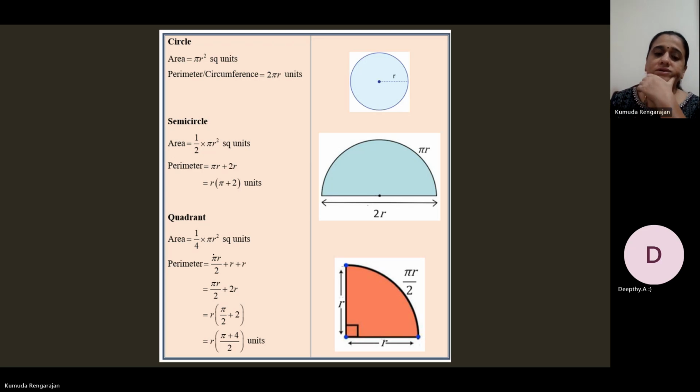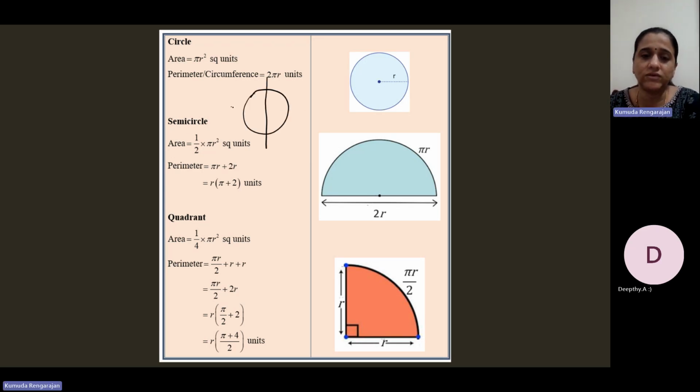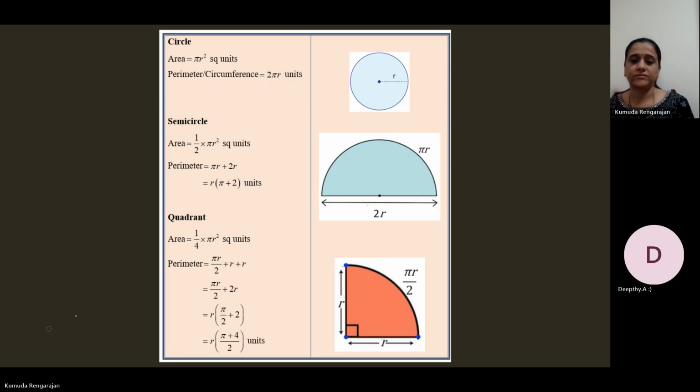Quadrant is 1/4 of a circle. Divide the circle into 4 equal pieces. Each piece is a quadrant. Okay, so now this is how a quadrant looks like. So the length of this arc in the quadrant is 2 pi r by 4.